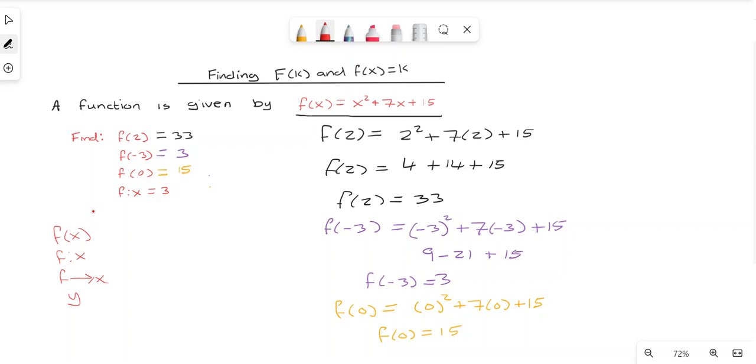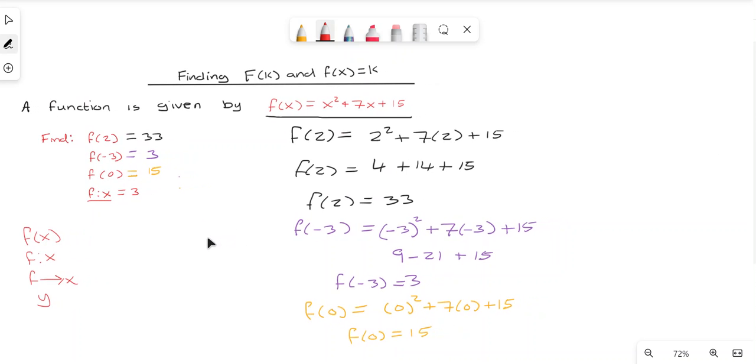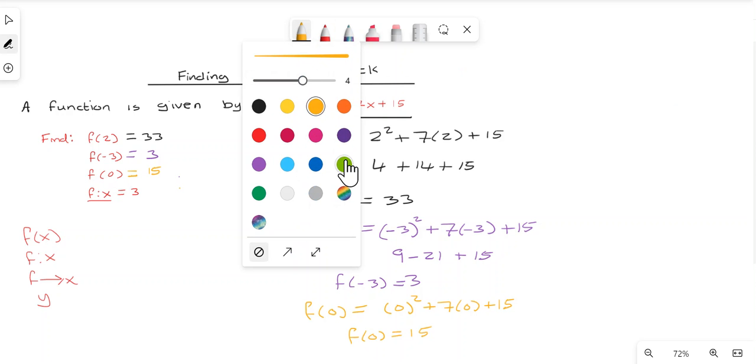So again, this value here can be written in a number of ways. This just means function x. So with this one, we're trying to work out what the value of x is when the function is equal to 3. So let's have a look at that one and see how we could go about solving that. Let me just change the color on this. Let's do this one in green.